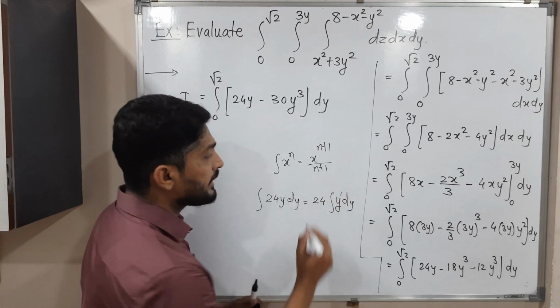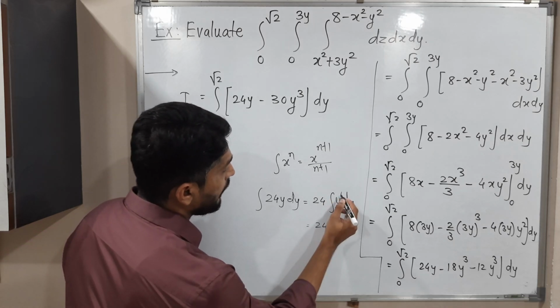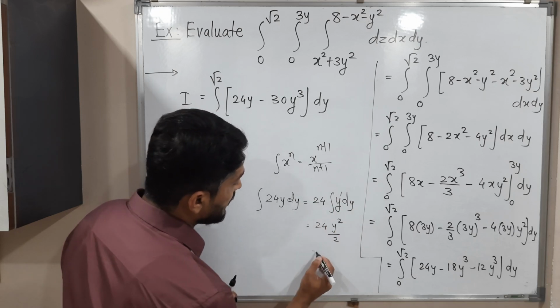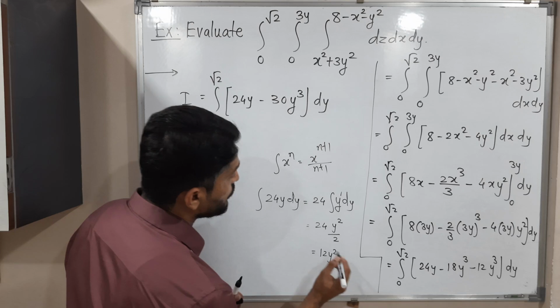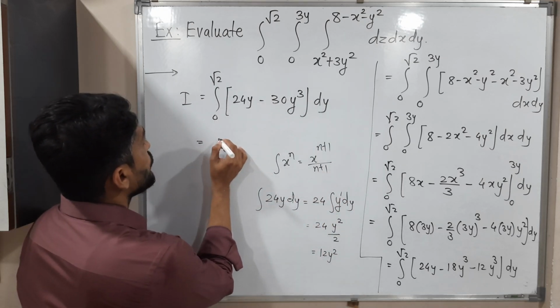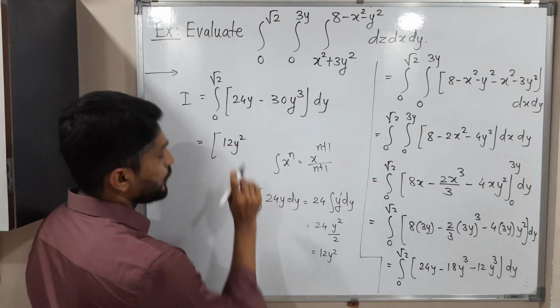Power of y is nothing, that means 1 is there. So 24y, I increase it by 1, so y square by 2. 2 will get cancelled and you will have 12y square, right? So yes, this integration is 12y square.